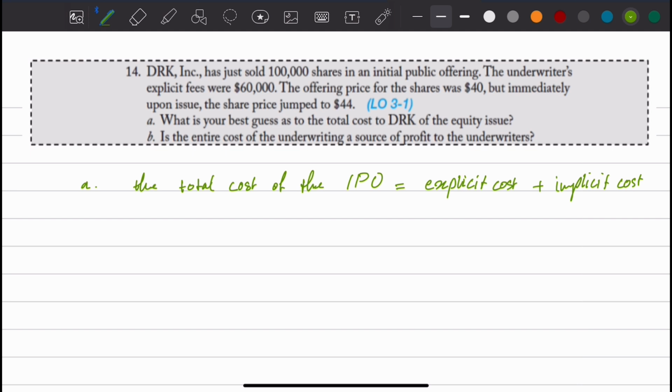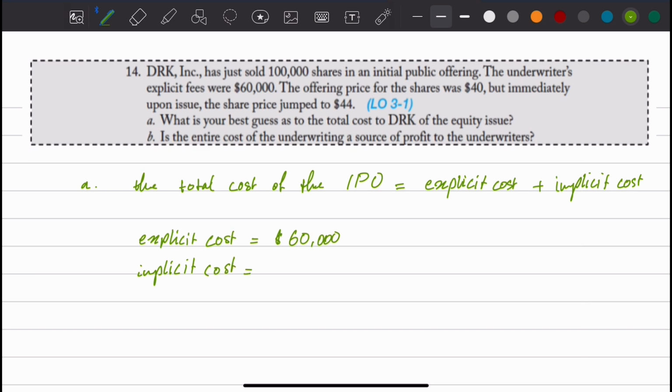Now, the explicit costs is already given in the question to be $60,000. Now we just need to calculate the implicit cost.